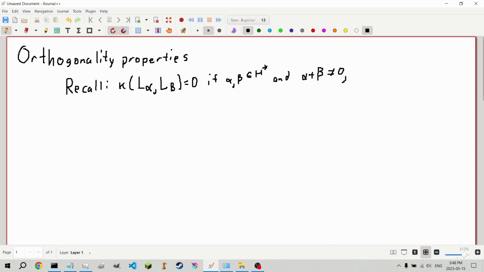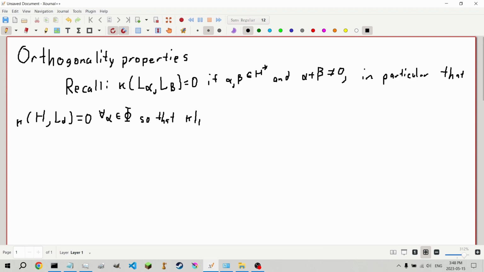And we saw in particular that the Killing form of our toral subalgebra H with L alpha is 0 for all alpha in Phi, so that the restriction of the Killing form to our toral subalgebra is non-degenerate. That was what we basically went through last time.